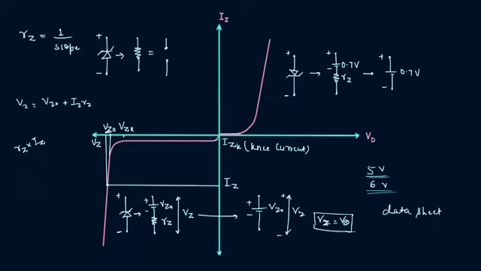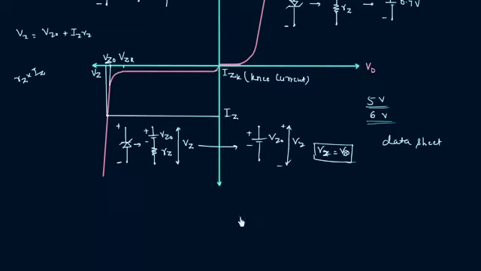And if we draw the diagram for normal diode and Zener diode, then you can see the difference in the depletion layer. This is the depletion layer of normal diode.